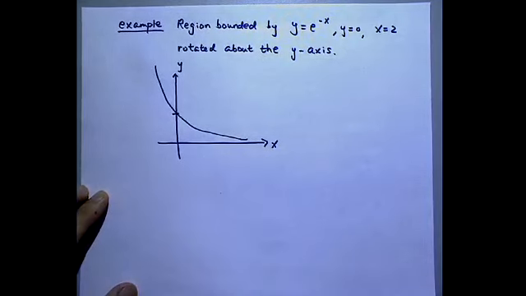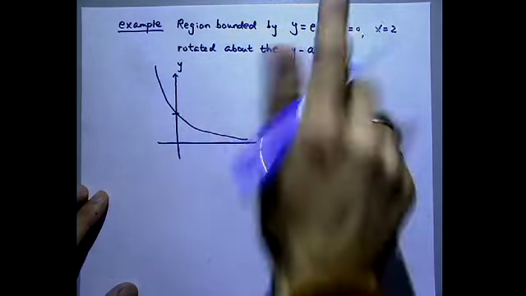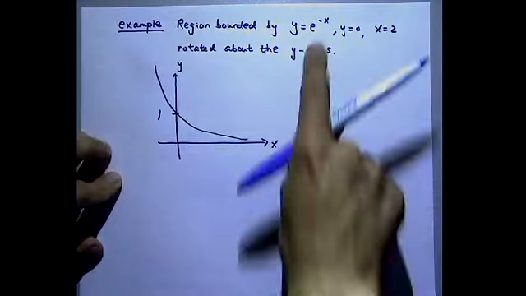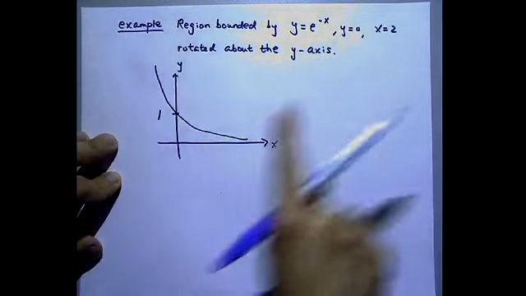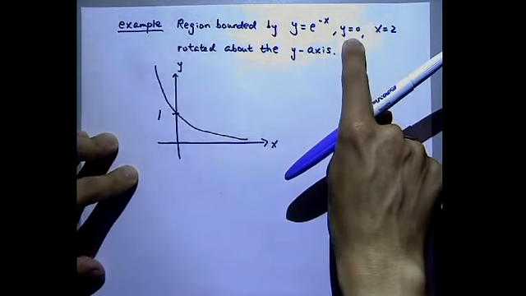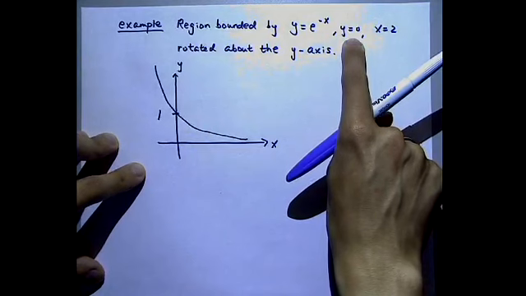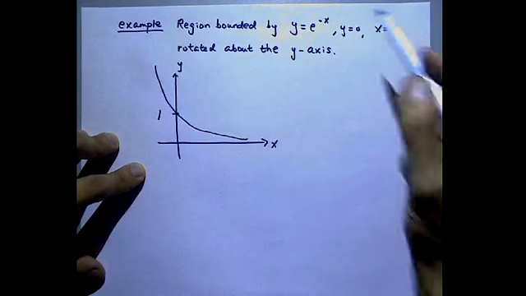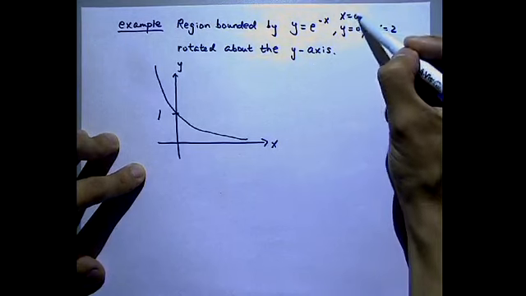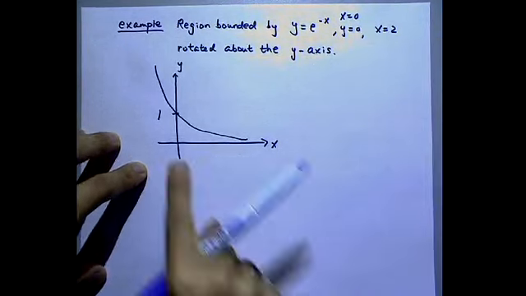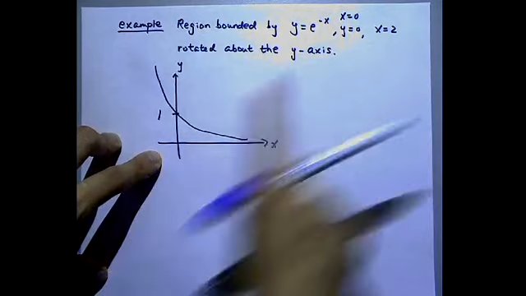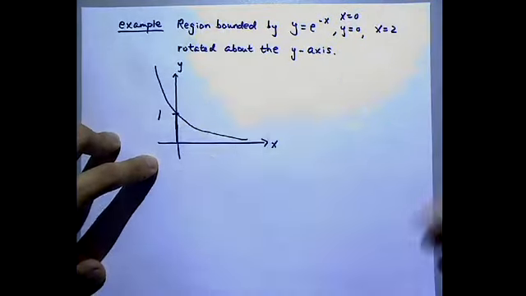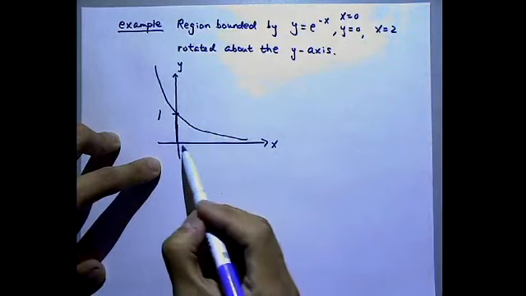What's the y-intercept? 1. Good, because e to the 0 is 1. Excellent. Okay, so now we got this curve here, and we're bounding the left by x is equal to 0. So this guy right here. We bound below by this.